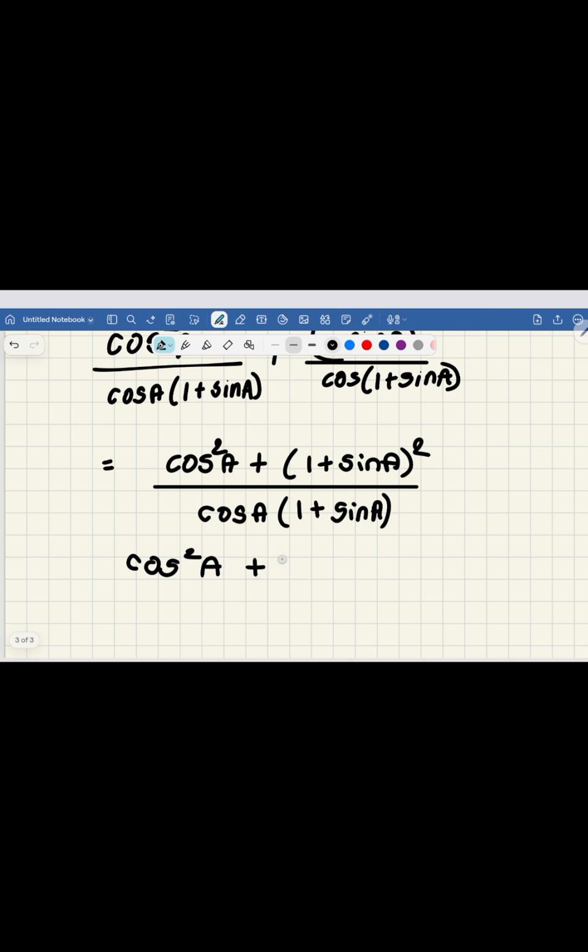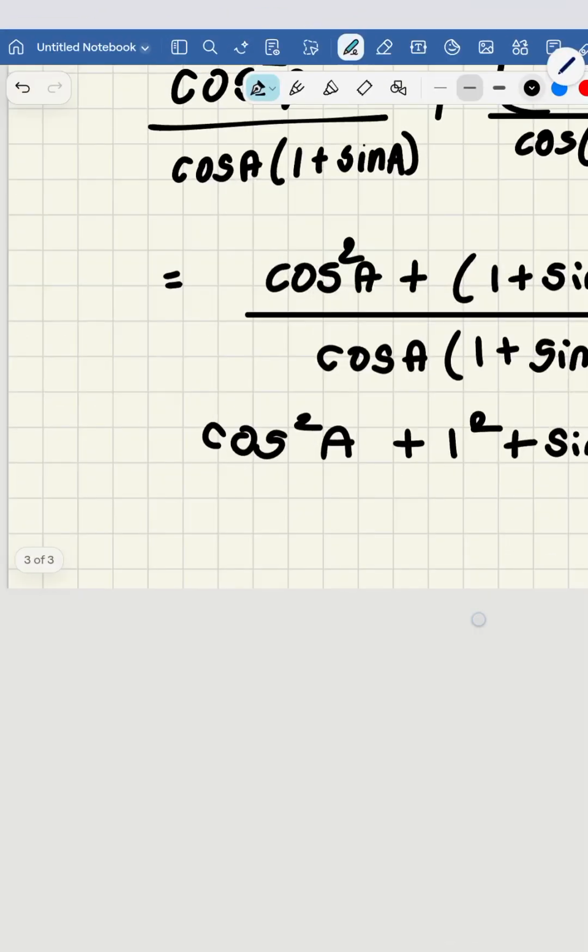a square plus b square plus 2ab. That's all, right? But don't forget to keep this.